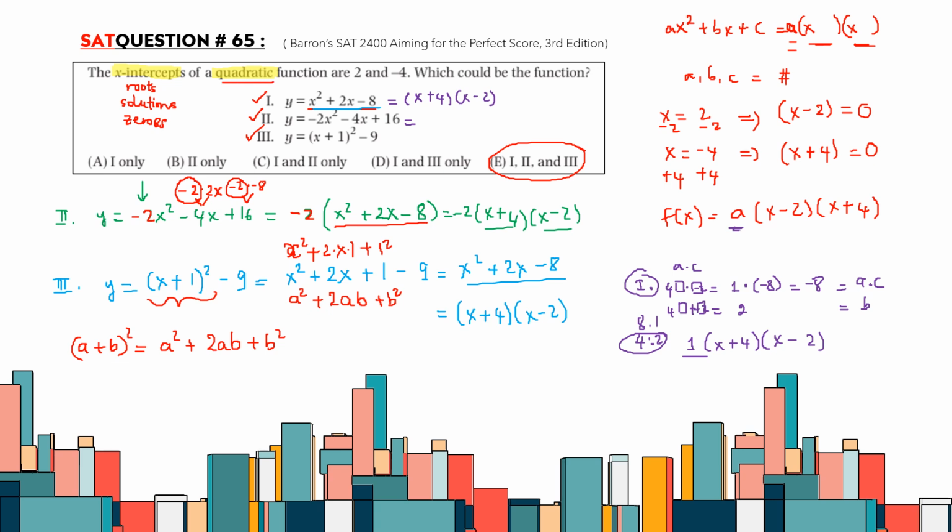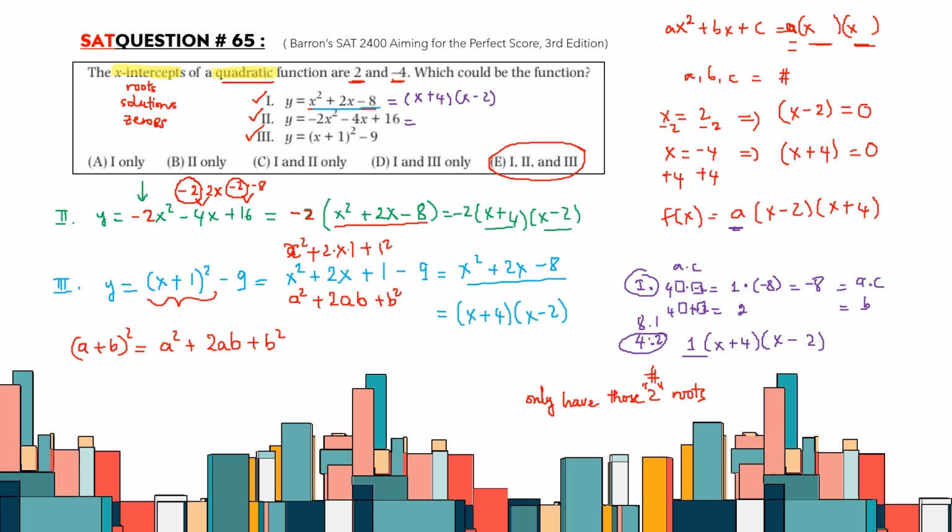So the quadratic keyword here is just making sure you only have those two roots or x-intercepts. The 2 is the number of roots: the first one is 2, and the second root is -4.